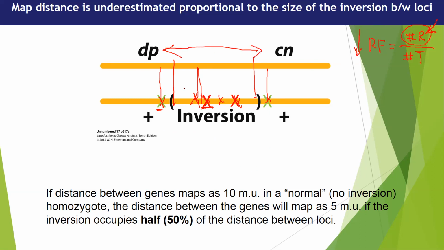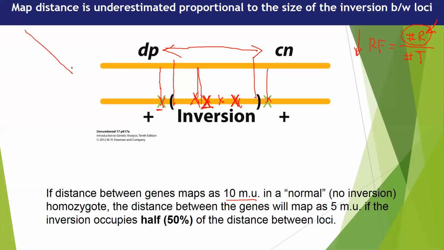In this example, suppose there's no inversion in the wild type, these two genes are on the same chromosome, and the map distance between these two genes is 10 map units, 10 centimorgans.